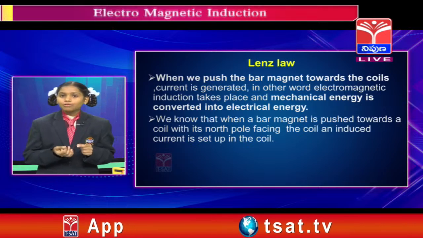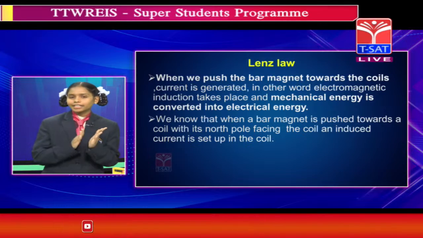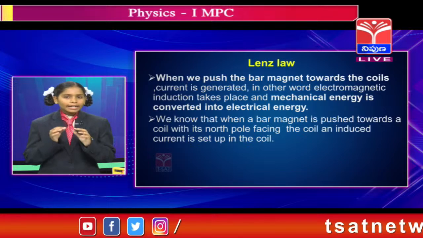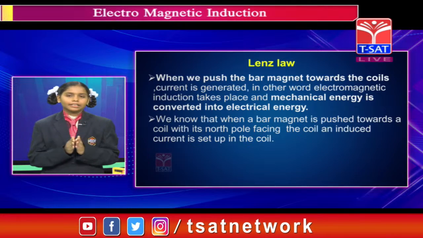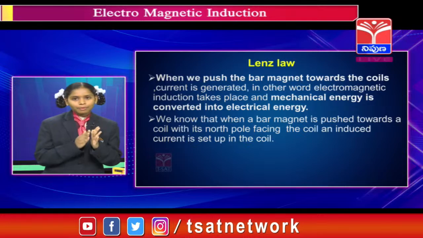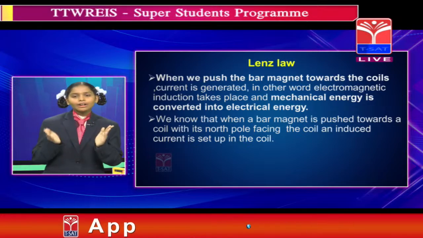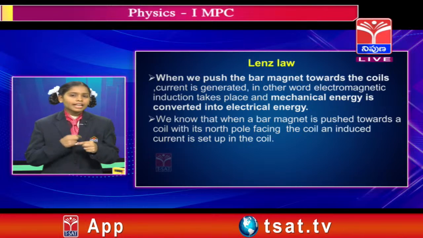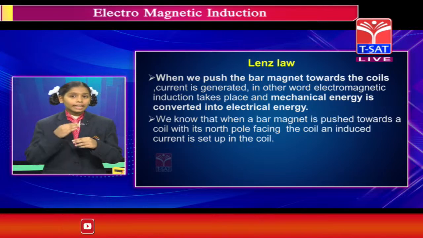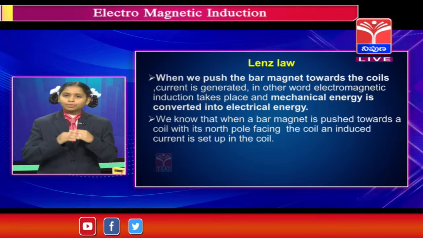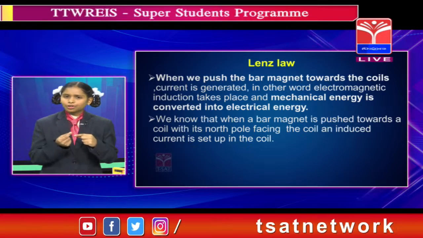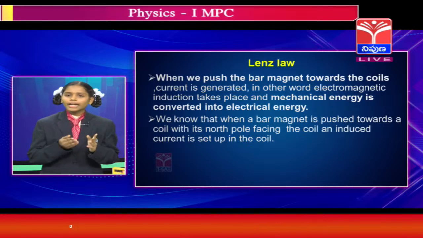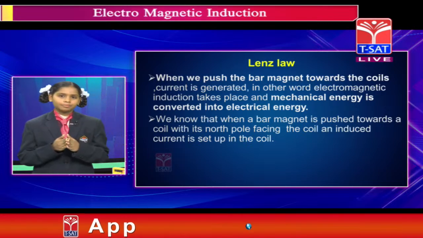Do you know why the bar magnet attracts the coil? Because, we already know, unlike poles attract each other. So our assumed clockwise direction is wrong. The correct direction of an induced electromotive force must be anti-clockwise or counterclockwise.